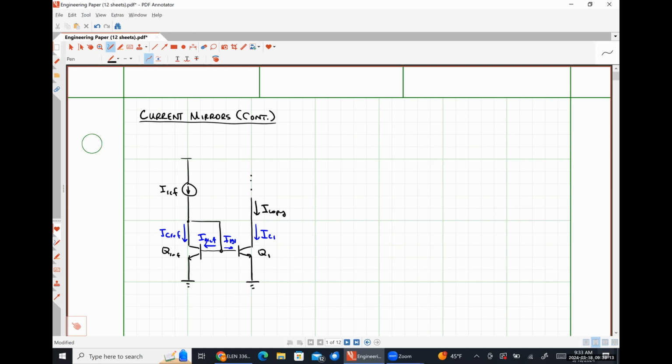So what we're going to do is we're going to add another transistor, and that transistor is going to be responsible for supplying those base currents. So effectively what we're doing here is we are adding in an emitter follower transistor and using it as a current amplifier.